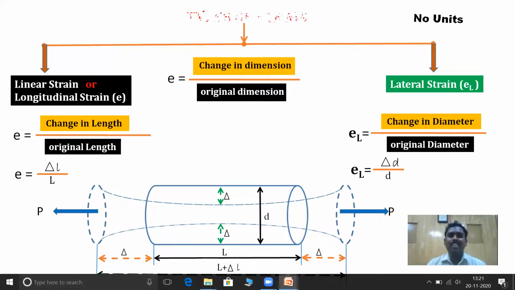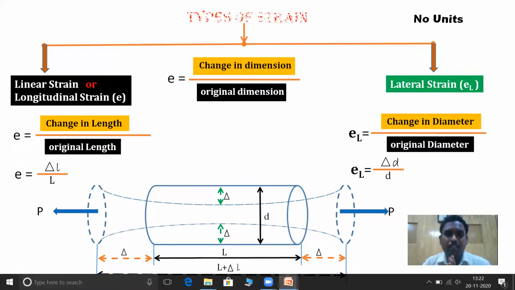Now the point is, what will be the reference for lateral strain? Sometimes we will take a diameter in case of a cylindrical rod, and in case of a rectangular bar, I will take breadth, thickness as a reference.